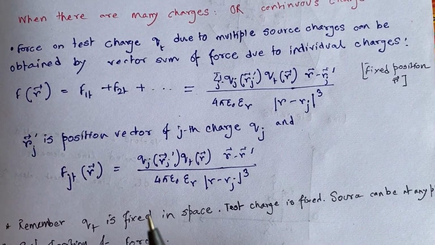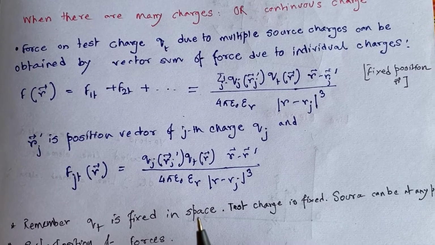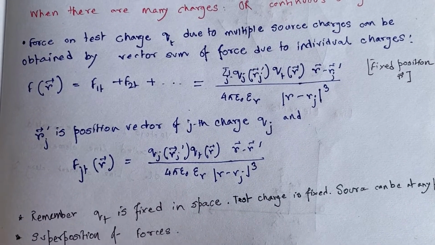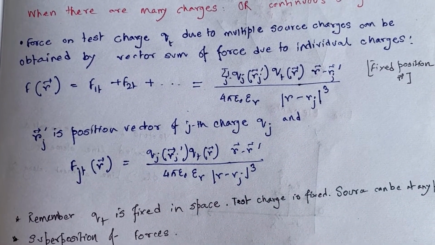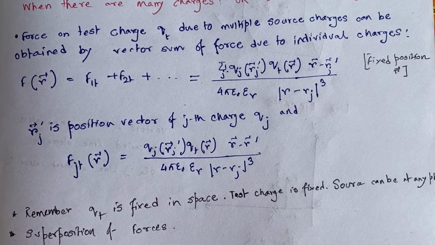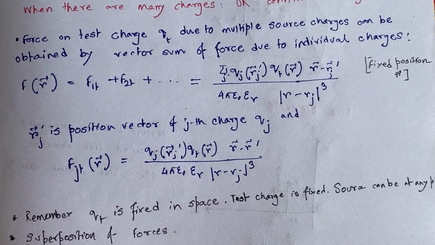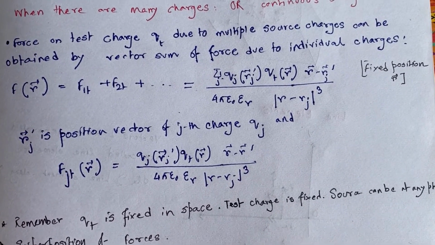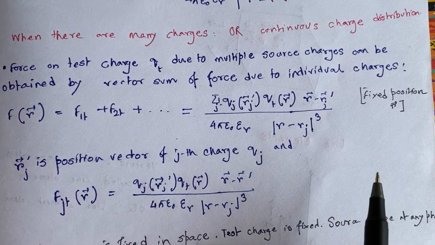Now let us write the superposition of Coulomb forces. Actually this is going to be the superposition of all the forces by a lot of source charges on a particular test charge.